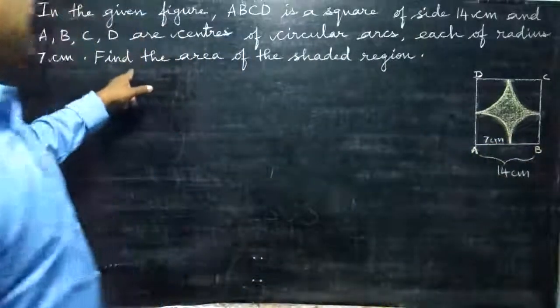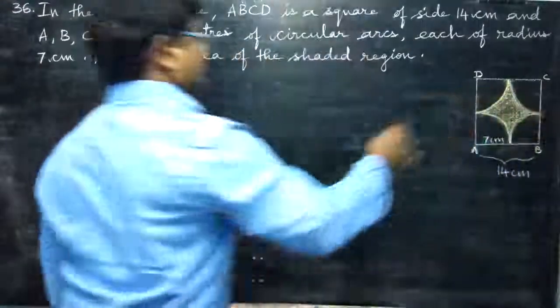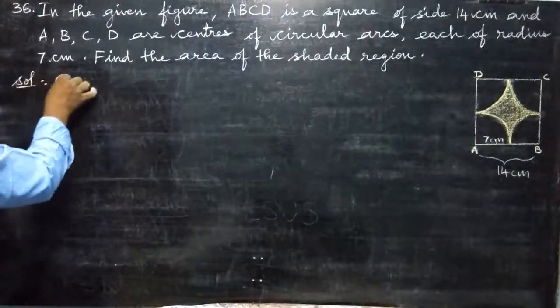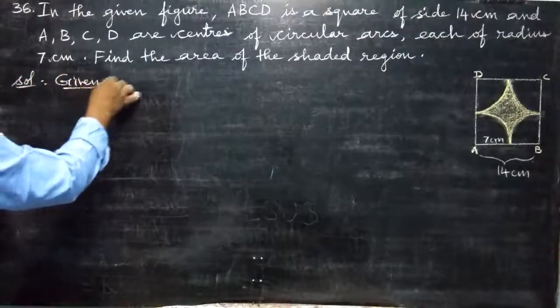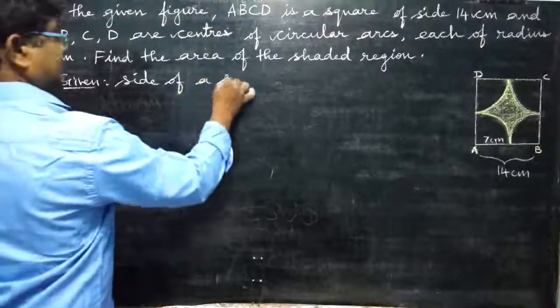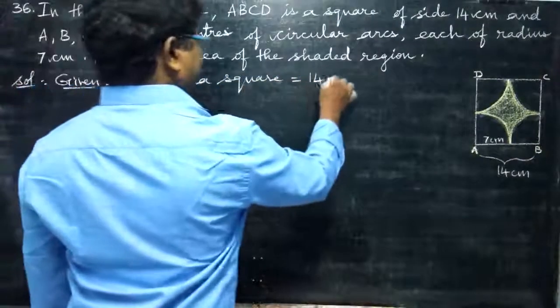Now they are asking to find the area of the shaded region. So solution: given, side of a square, how much? 14 centimeters.